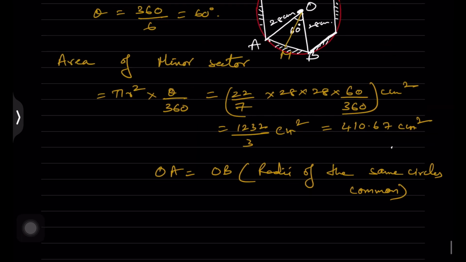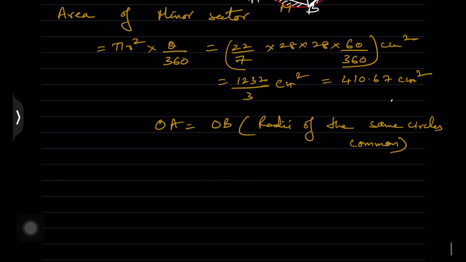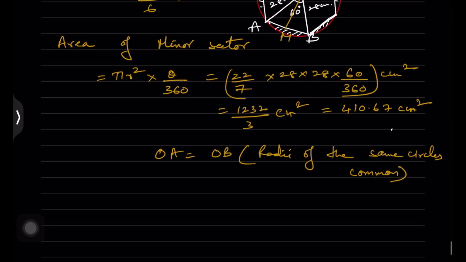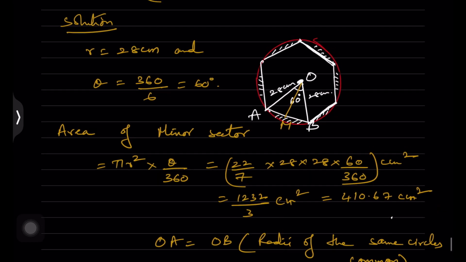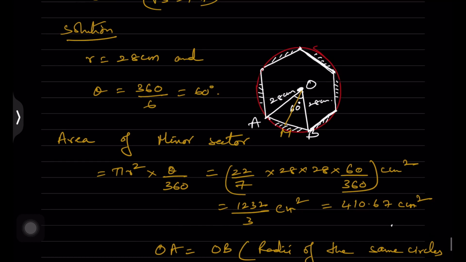Now if we consider these two triangles AOM and BOM, we have to prove that these two triangles are congruent. We also have that OM is equal to OM, a common side for both the triangles. Therefore triangle OMA is congruent to triangle OMB. Why? Because this is 90 degrees, this is 90 degrees.